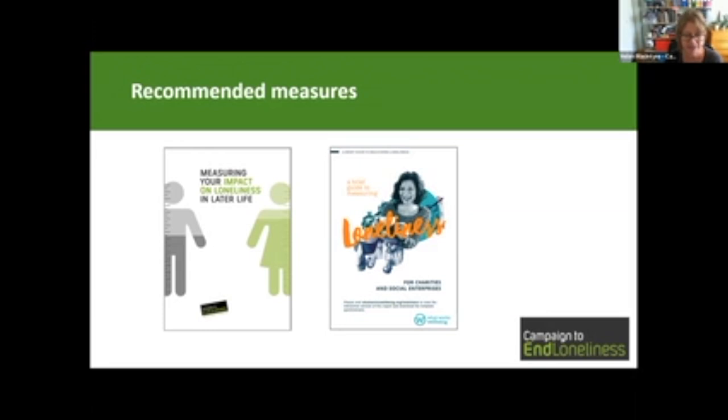And those recommended measures are the ones included in the 2019 What Works Centre for Wellbeing Brief Guide, alongside a set of other wellbeing measures that are likely to be associated with loneliness.